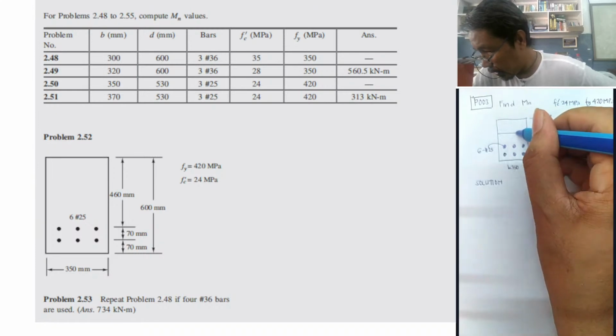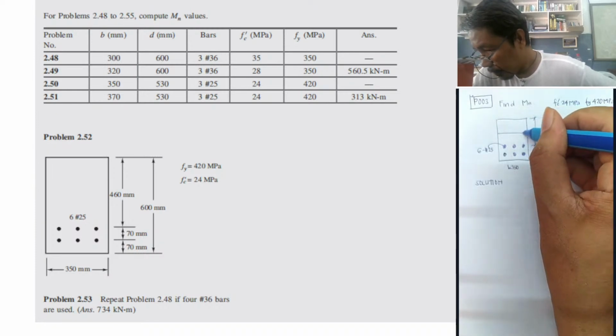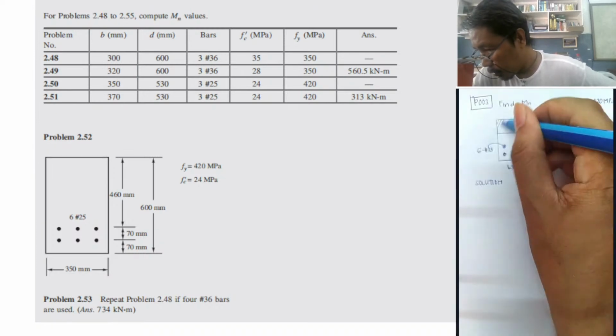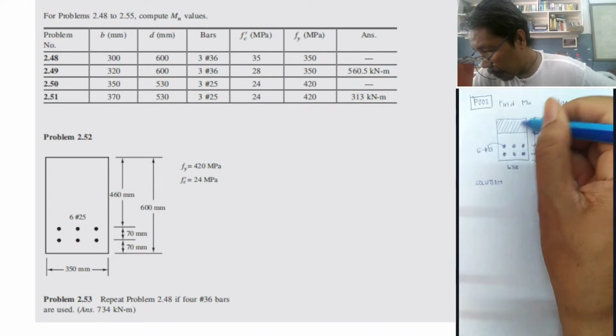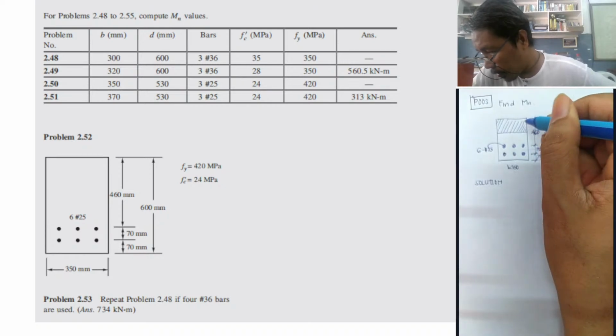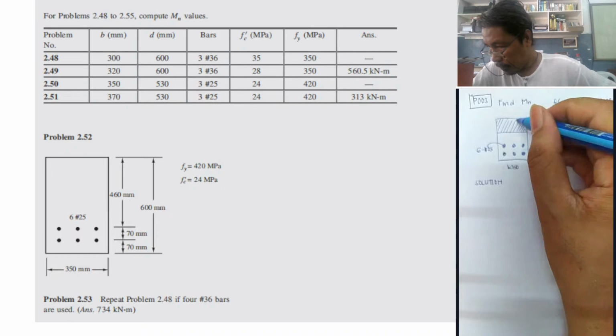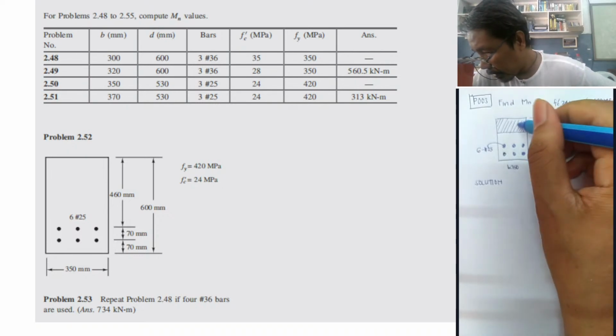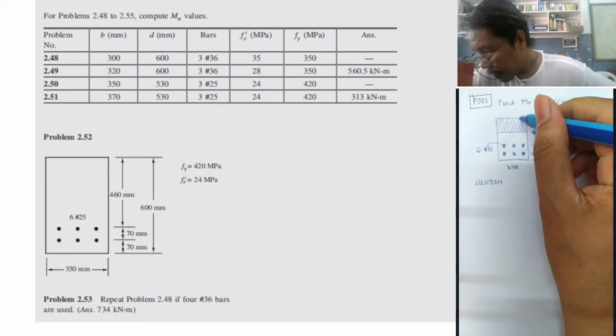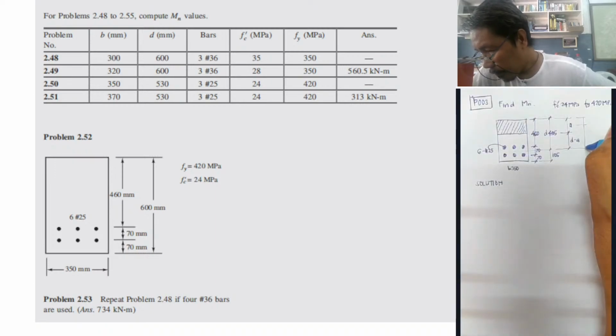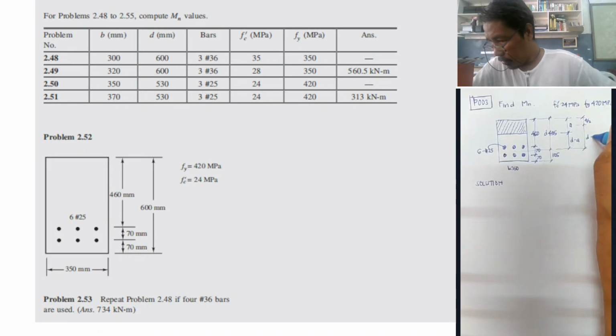That is our value of A. So this is A, this is D minus A, and at the center this is A over 2, therefore this is D minus A over 2.